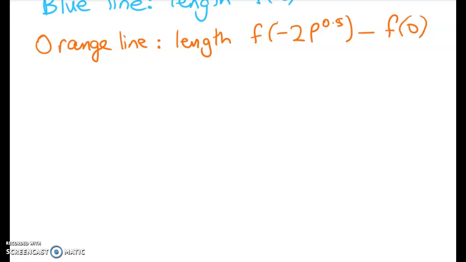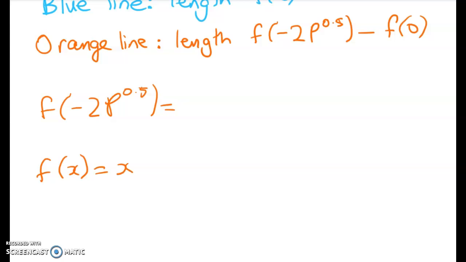So the orange line length is going to need us to work out f of negative 2p to the 0.5. So we're going to substitute that into my cubic. Remember that f of x was x cubed minus 12px plus r. So in here, we're going to substitute in this.